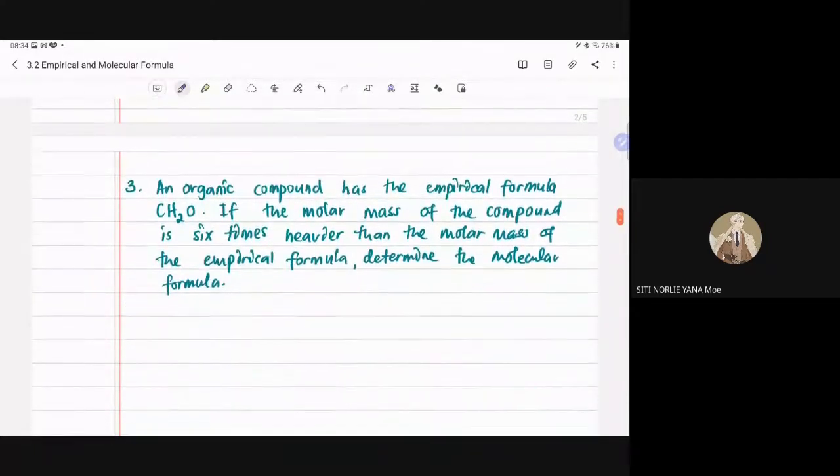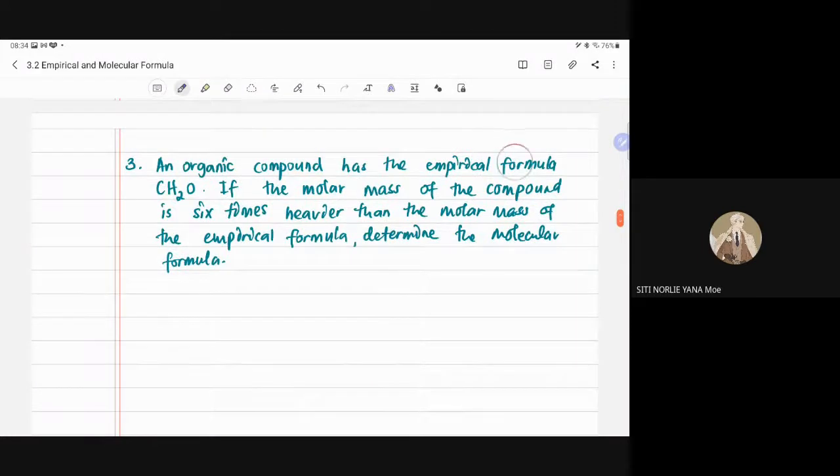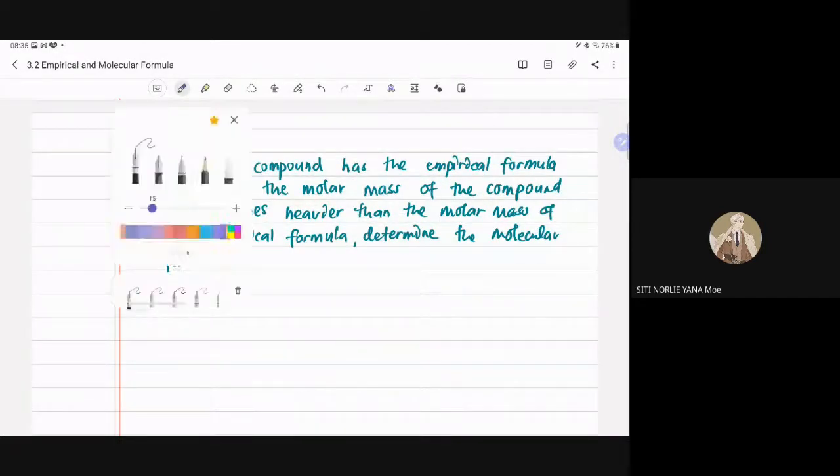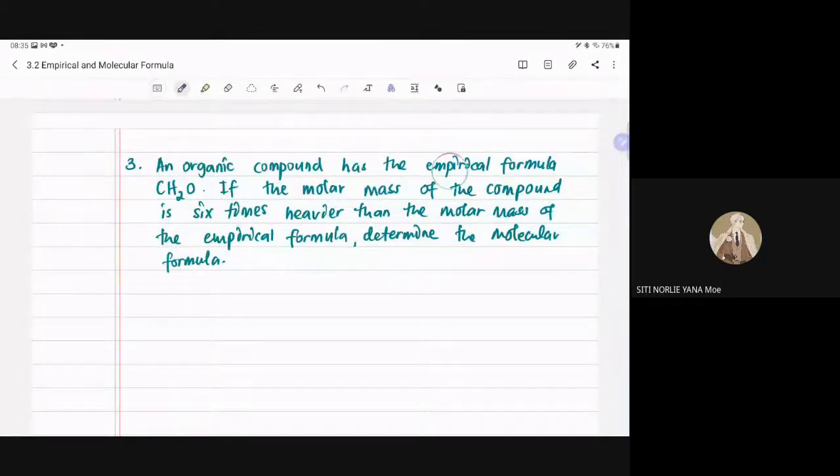Okay. An organic compound has the empirical formula CH2O. If the molar mass of the compound is 6 times heavier than the molar mass of the empirical formula, determine the molecular formula. Okay, so this one, kalau kita tengok, ini kamu kena faham konsep dia sebenarnya soalan ni. Okay, dia kata empirical formula dia CH2O.